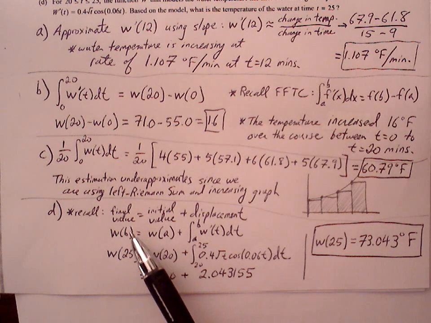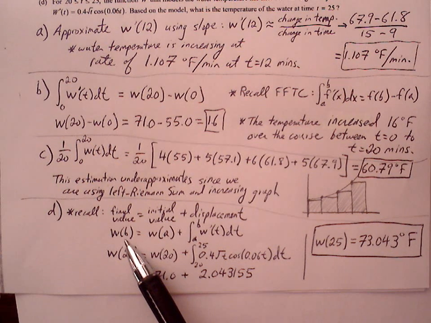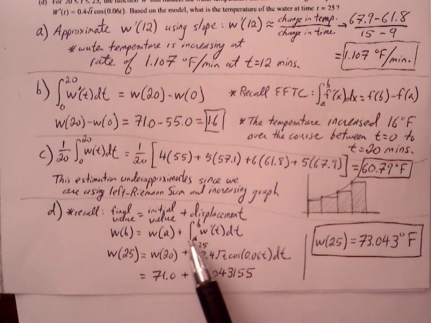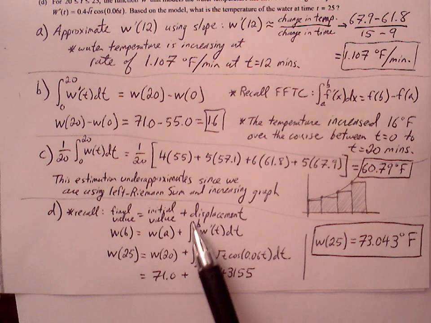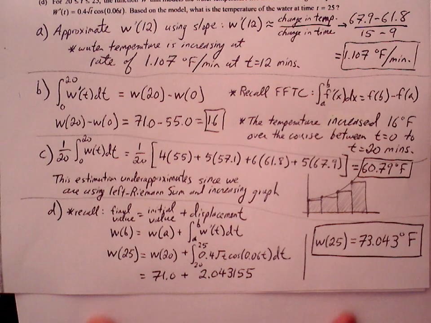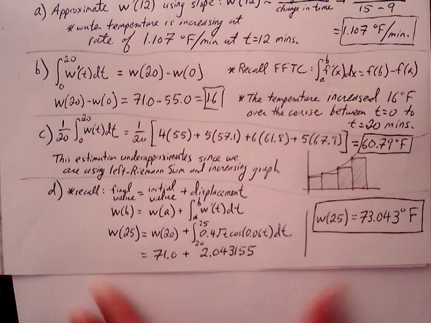So to adjust for the function that we're dealing with, we can say W(b) is equal to W(a) plus the definite integral from a to b of W prime. So this represents the displacement, or the accumulation of the rate of change of the temperature between my two endpoints. So now let's adapt this for our particular time intervals.